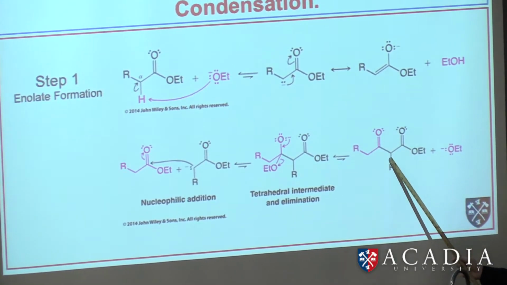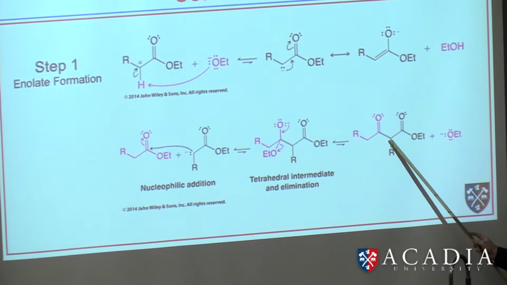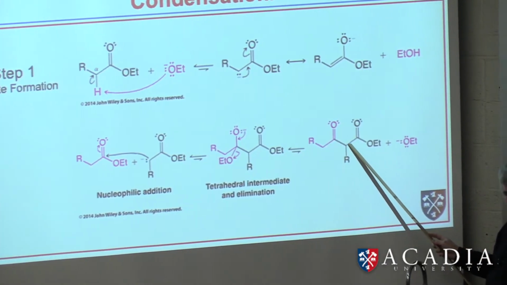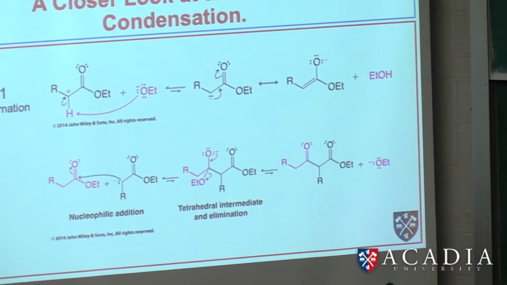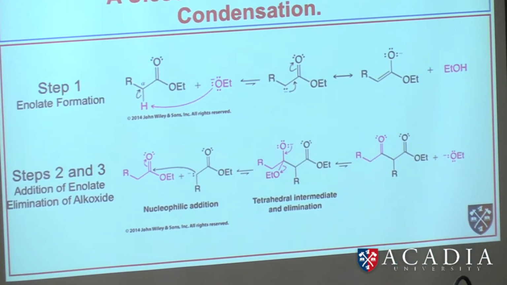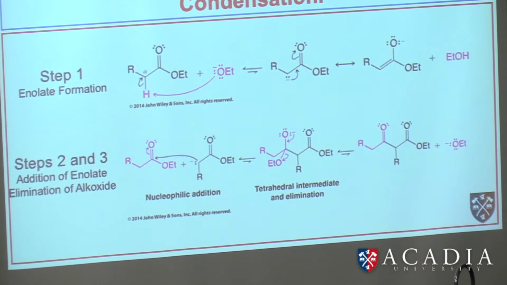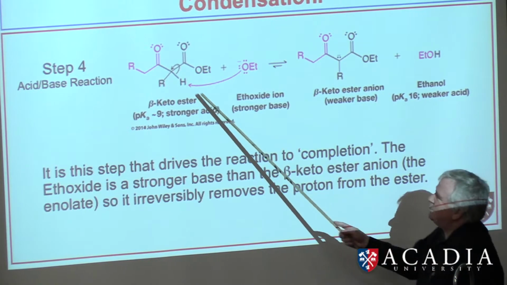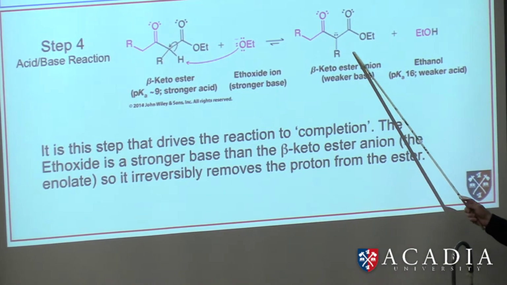What else helps us out here? Okay, so this is pretty good, but now we have a proton right here. We don't see it, but it's there, and it's in between two carbonyl groups. When we have a proton that's in between two carbonyl groups, it's particularly acidic, and this reaction actually goes pretty well to completion.